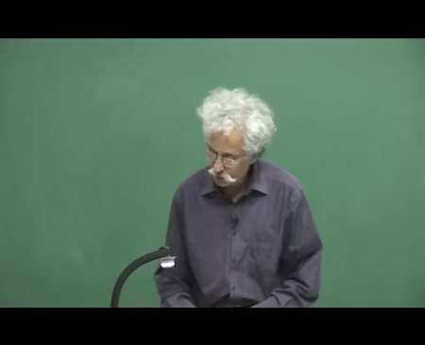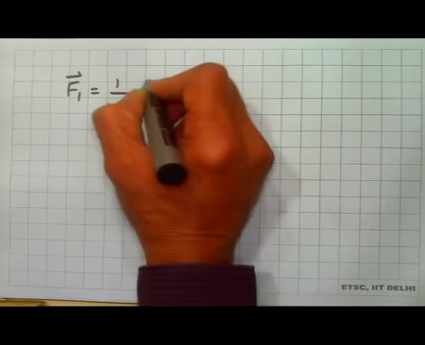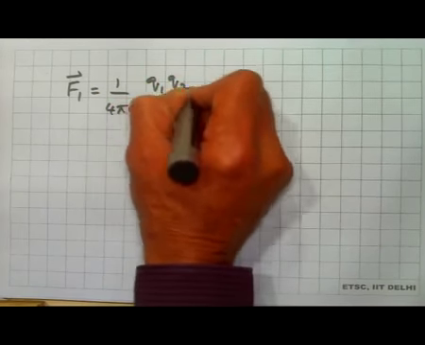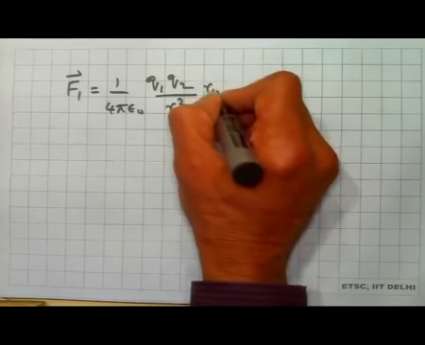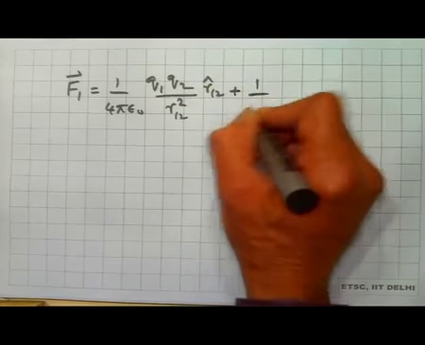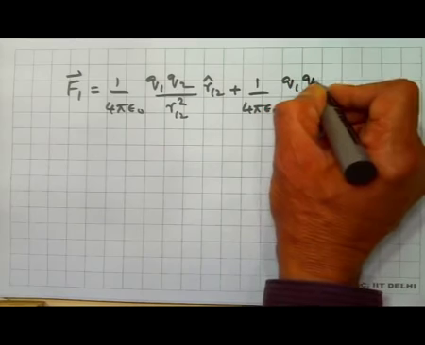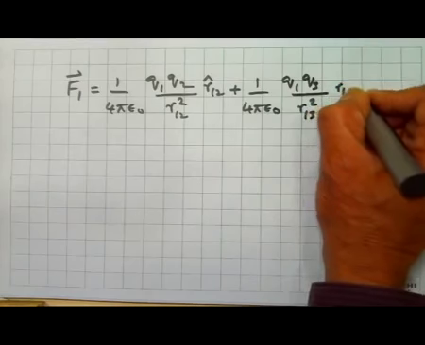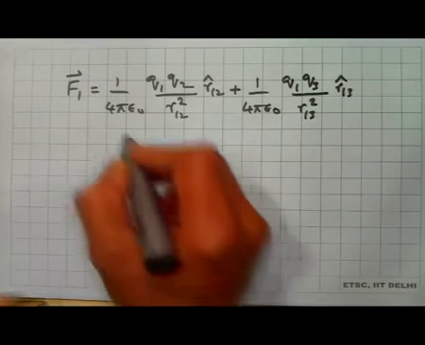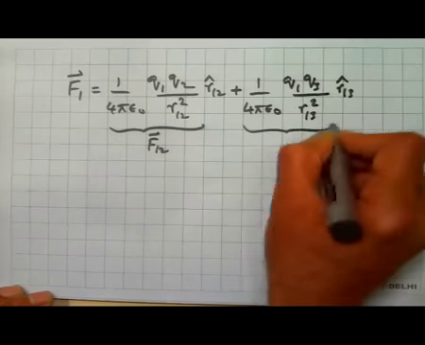So, I can write the following expression: F1 is equal to 1 upon 4 pi epsilon 0 Q1 Q2 by R12 square R12 cap, plus 1 by 4 pi epsilon 0 Q1 Q3 by R13 square R13 cap. So, this is F12 and this is F13.